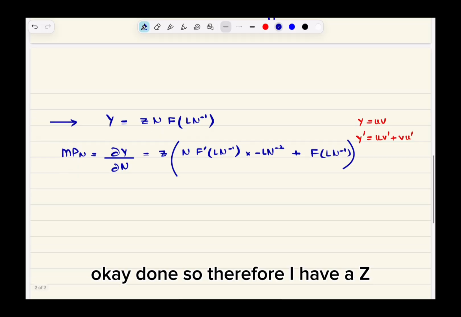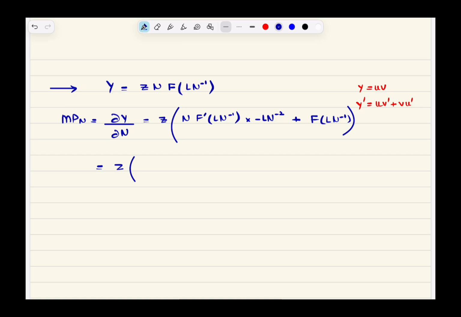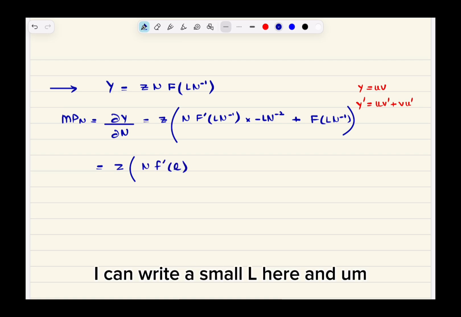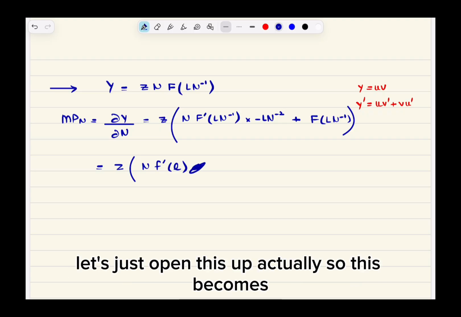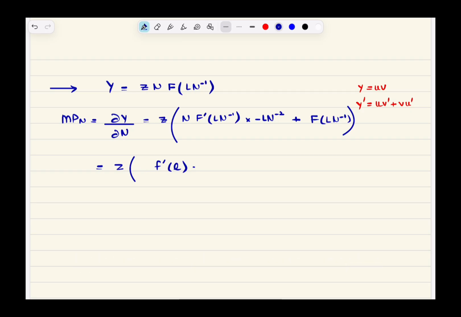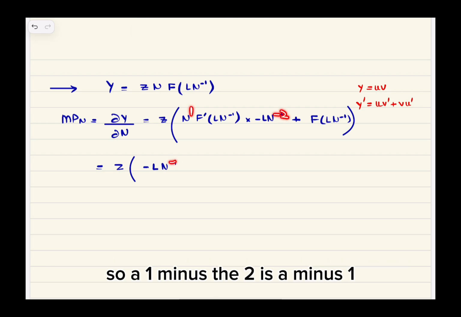Okay, done. So I have a Z and the N derivative. I can write a small f prime here, and let's open this up, so this becomes multiplied by minus L N to the power minus 1, because we have a 1 here, and 1 minus 2 is minus 1.